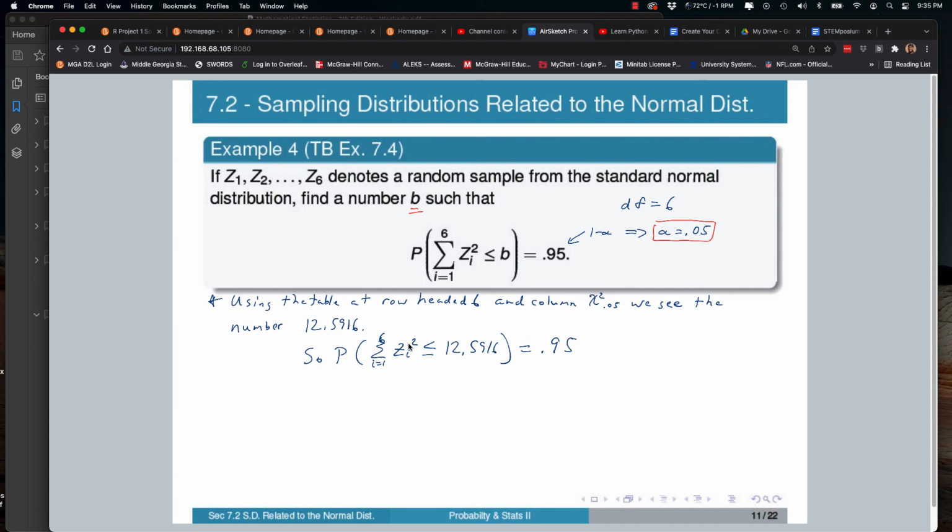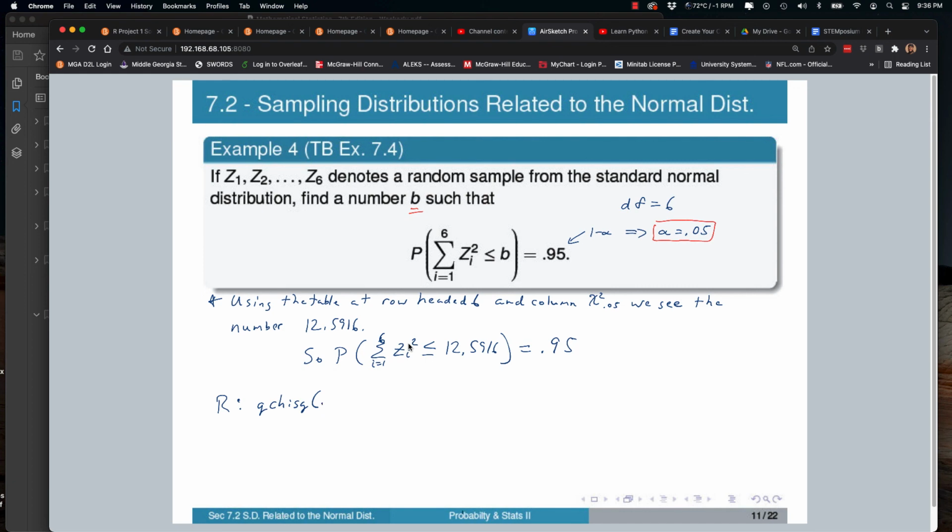But we can use R to find this real quick. If we use R to find that value, we're going to use the qchisq function. Remember this finds the area below, so it's less than or equal to, and we don't have to worry about the alpha value in this case.